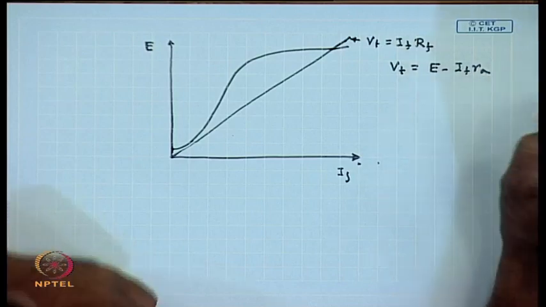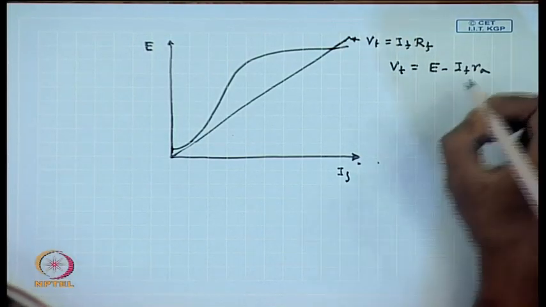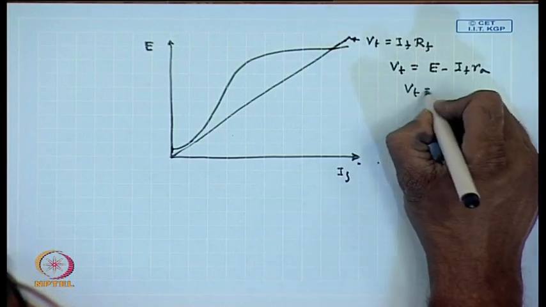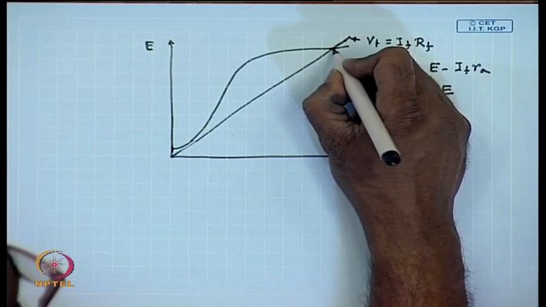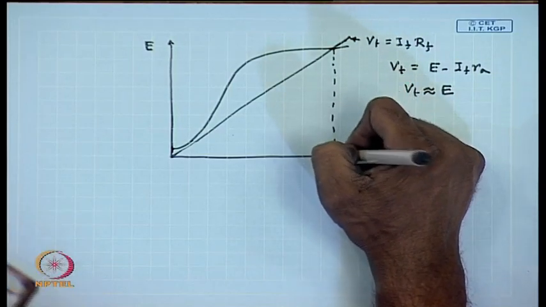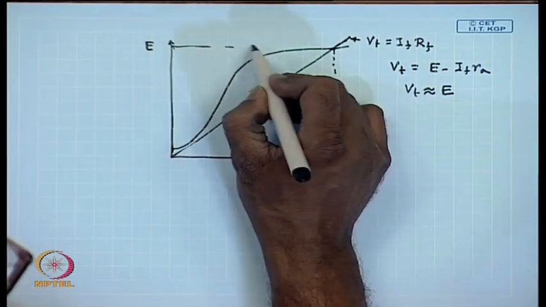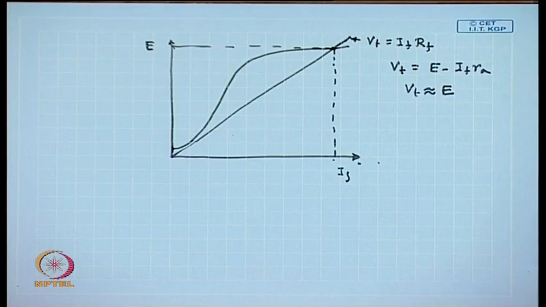If we neglect the drop due to the small field resistance, then V t is approximately equal to E, that is the operating point at no load is determined by the intersection of the OCC with the field load line. So, this is the voltage at which the DC machine will excite to.